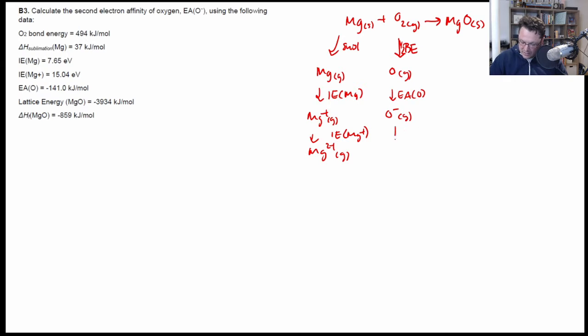Then we do the second one, the electron affinity for O minus, which forms O2 minus in the gas phase. Both of those then come together and form the lattice energy of magnesium oxide, and all of that will be equal to the delta H of formation of magnesium oxide.